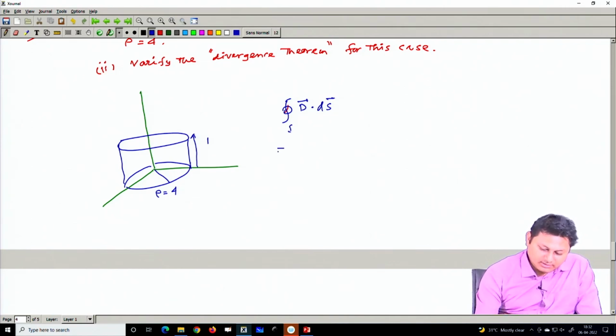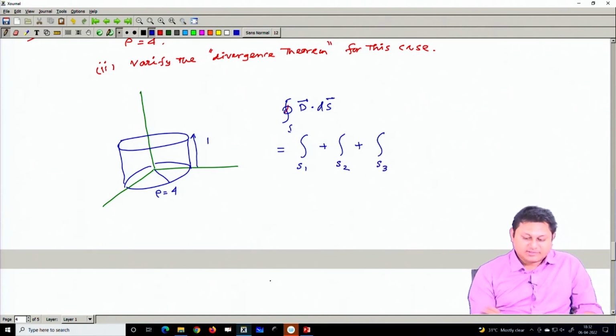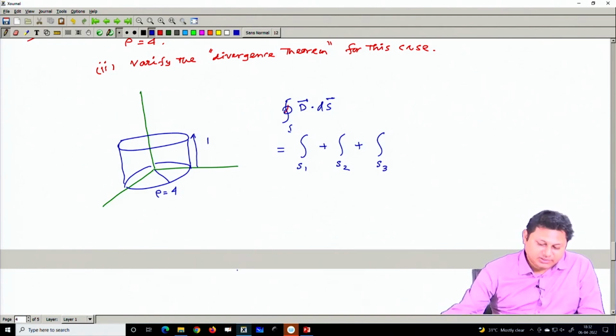This quantity is combined from 3 surfaces, the upper one and the lower one and the side. So, I need to divide into these 3 surfaces: the total surface can be divided into 3 parts, S1, S2, S3.